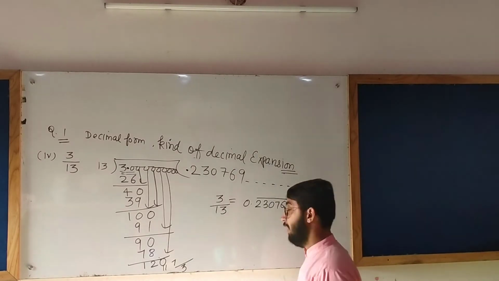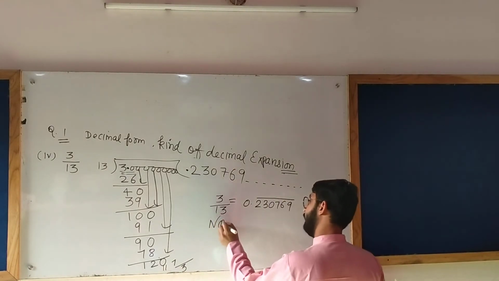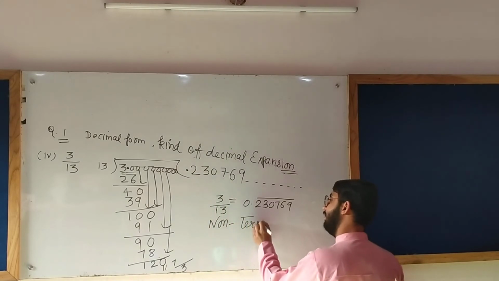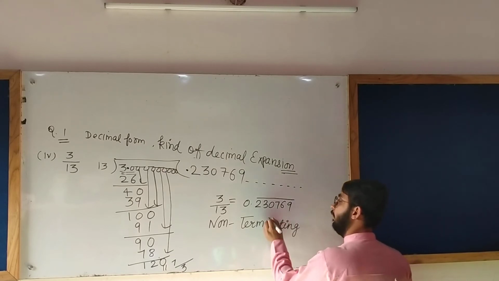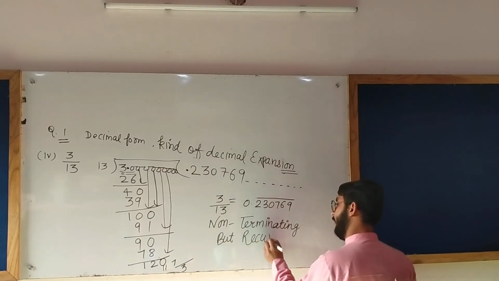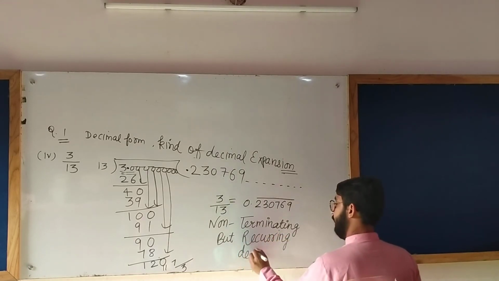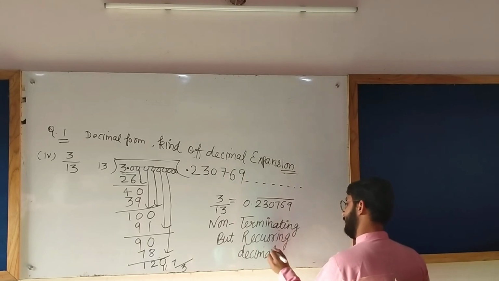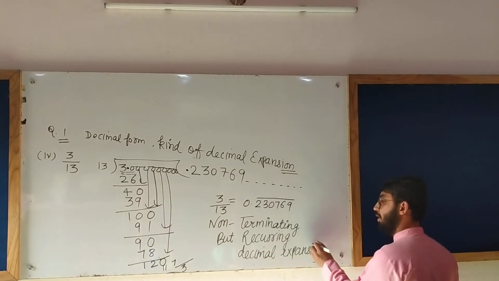Bar represents that the decimal expansion is non-terminating but repeating, but recurring. Okay. Hope you have understood the fourth part of this question.